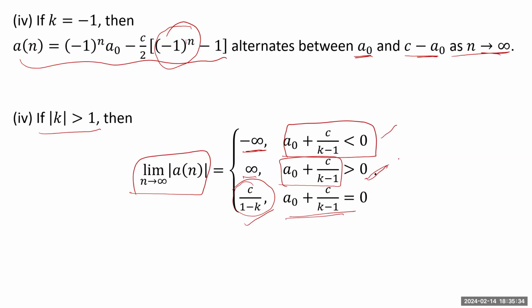So we can estimate based on the problem, we can interpret the real world. Under what circumstances are we going to get finite values as n tends to infinity, and under what circumstances is our long-term behavior unbounded, either minus infinity or plus infinity?